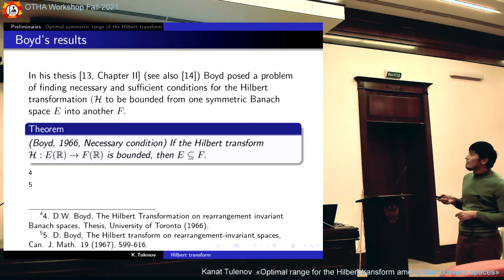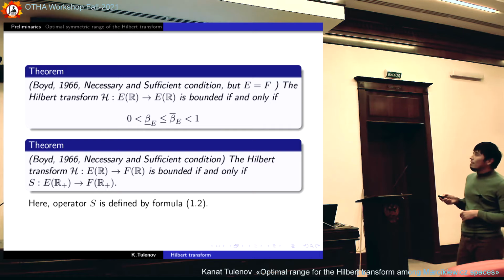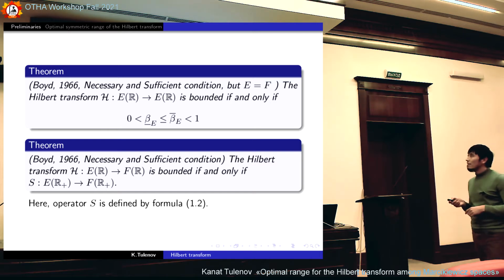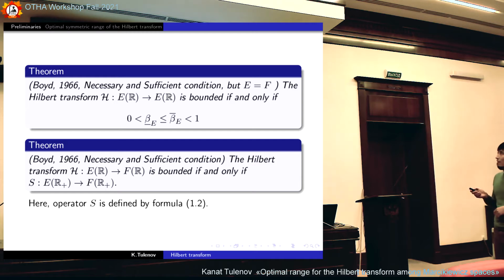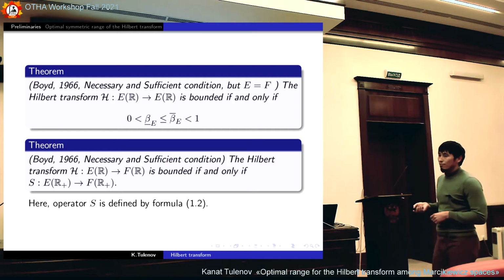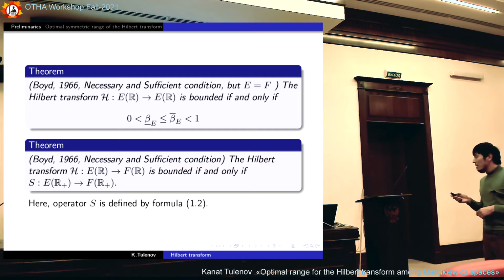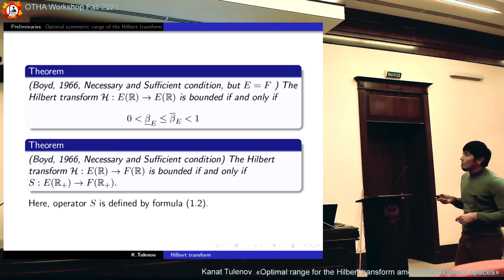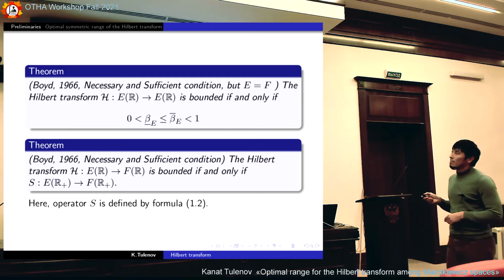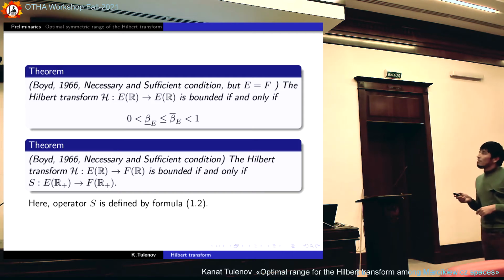He also obtained a necessary and sufficient condition, but in the case when E equals F, so from one symmetric space into itself. He obtained the following result: the Hilbert transform H is bounded if and only if the Boyd indices satisfy this condition.